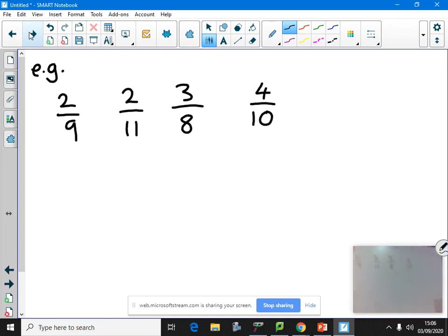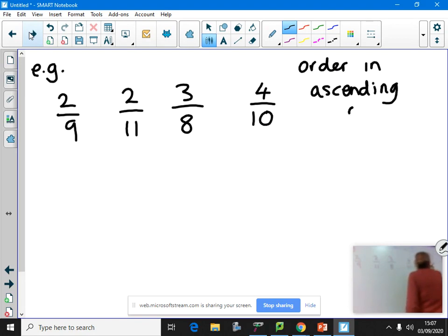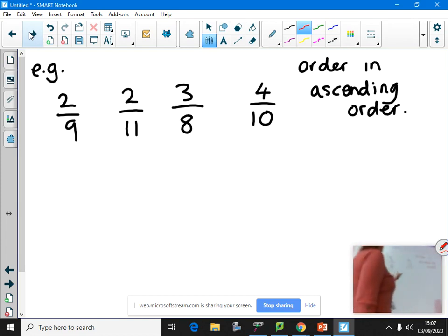And it might say to you, put in order, smallest to largest. So order in ascending order. Right, and I'm looking at them and thinking, oh, I don't know if this is bigger than this or this is bigger. I don't know. And I'm not going to draw pie charts to work it out or anything else. I'm going to convert it into a percentage. It makes more sense to me and hopefully to you.